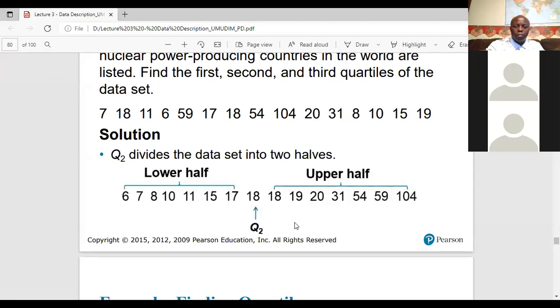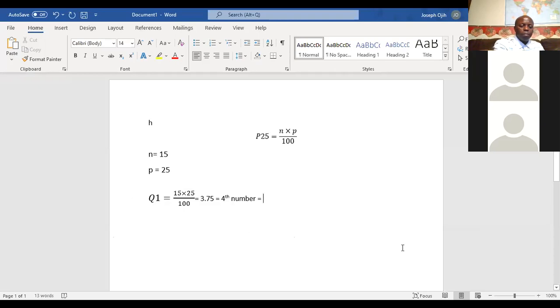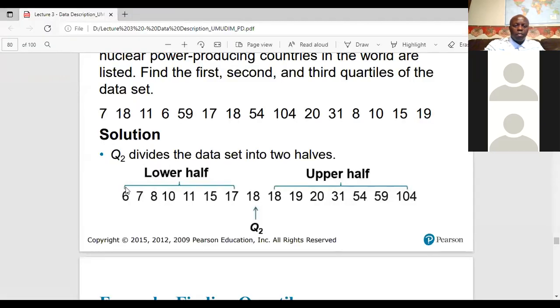Hello, Professor. I'm confused about where you got the 15 from. The 15? You count the numbers: 1, 2, 3, 4, 5, 6, 7, 8, 9, 10, 11, 12, 13, 14, 15. There are 15 numbers.